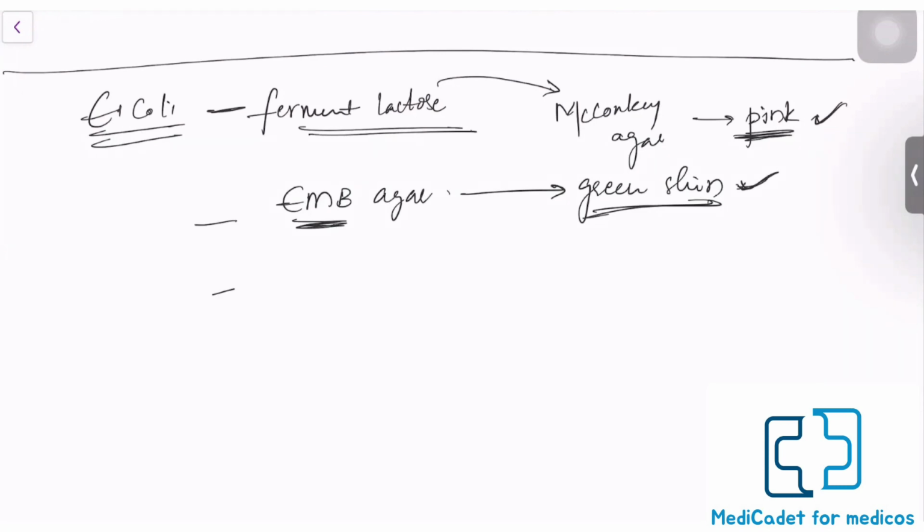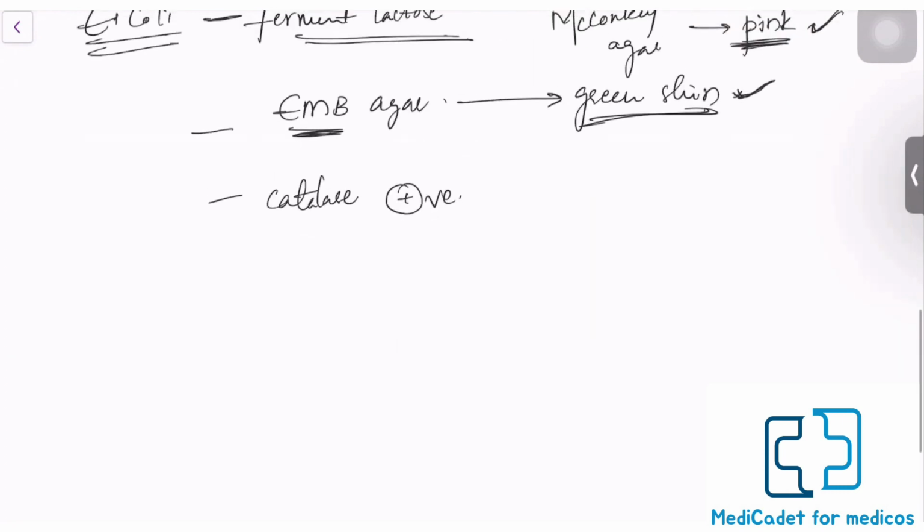This bug is catalase positive. It is a facultative anaerobe, so wherever you want, it can go. It's present in the colon, and it can also be there in the vagina or the urethra.